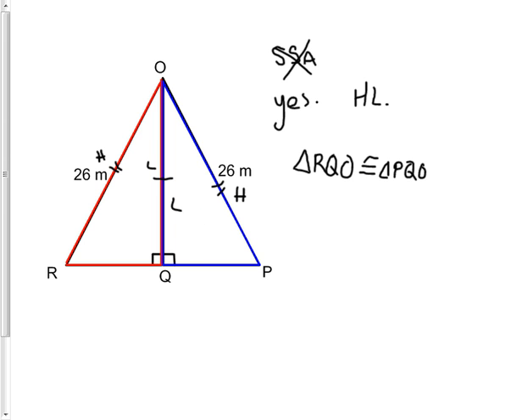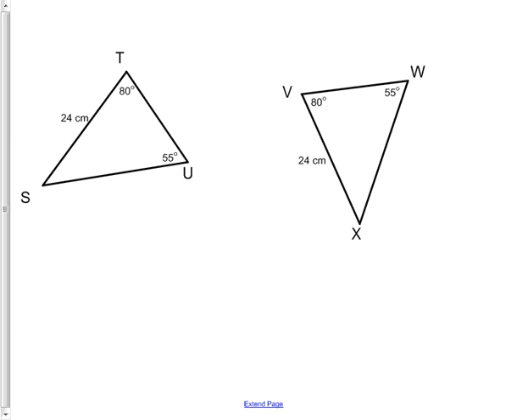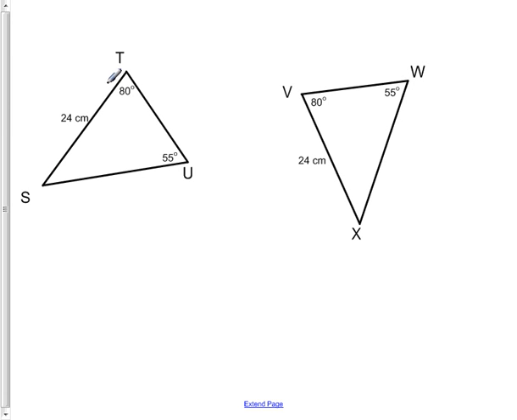Okay. All right, I think we have one left here, if I remember right. Yep, one left. And so here we have a triangle over here with some stuff and a triangle over here with some stuff. So we've got a 55 and a 55. That's good. We have an 80 and an 80. And then we have a 24 and a 24. So it looks like I have two angles that match up and a side that matches up.